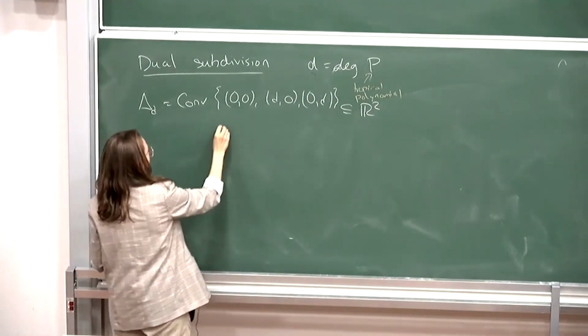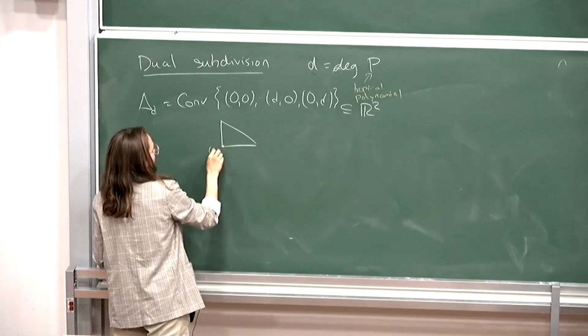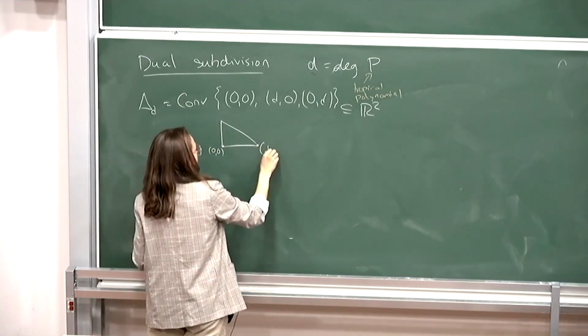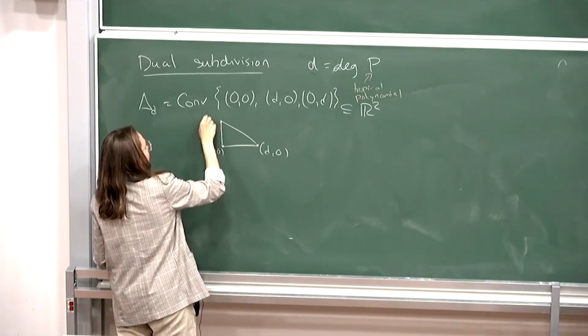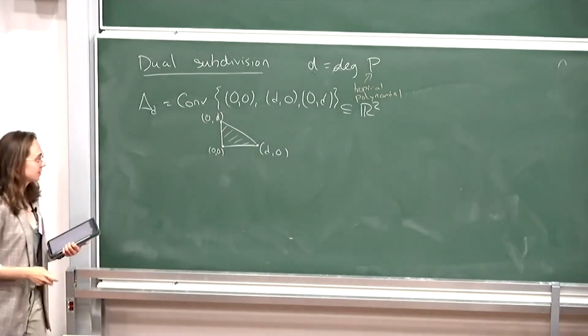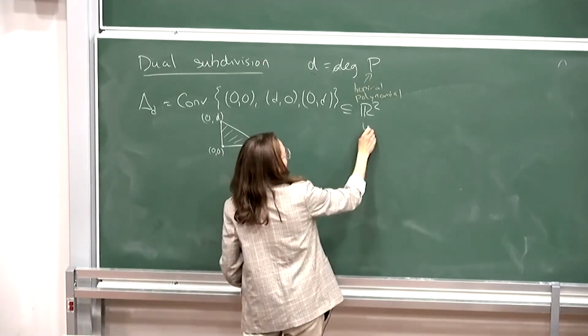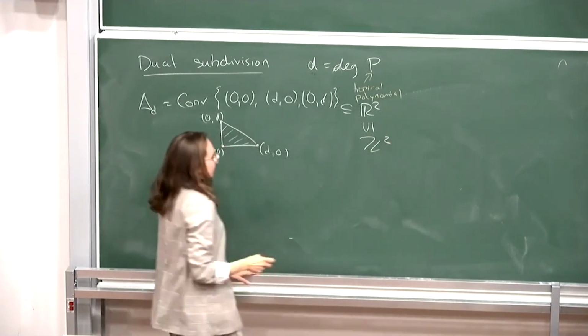So this looks like this. Here I have the point 0, 0. Here I have the point d, 0. And here I have the point 0, d. And the convex hull is all of this. I also have a lattice inside R2.